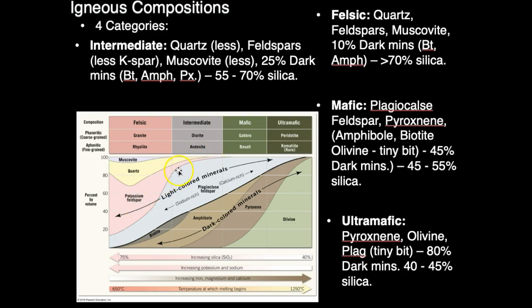So usually you don't see any pink inside intermediate rocks, although you can. You have a tiny bit of muscovite, if any. And then now the percentage of dark colored minerals is about 25%. The silica content in them tends to be between 55 and 70%.